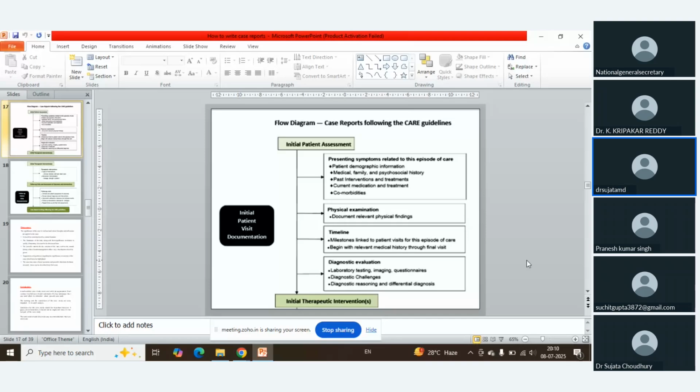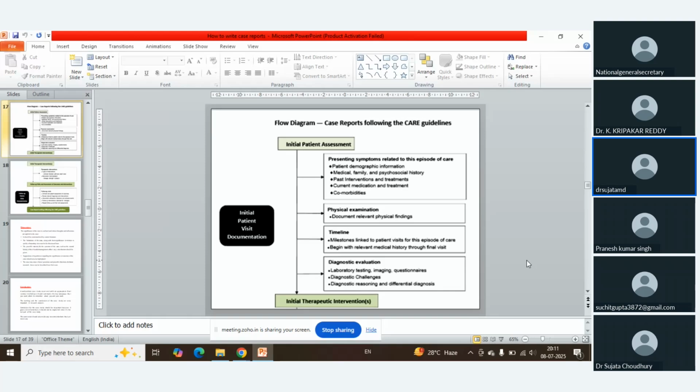First, it is applicable to all systems, not only homeopathic, but allopathic, ayurvedic, all systems. But what deviations or additional supplements we can give as a homeopath, I will describe later. So this is the common CARE guideline for all.